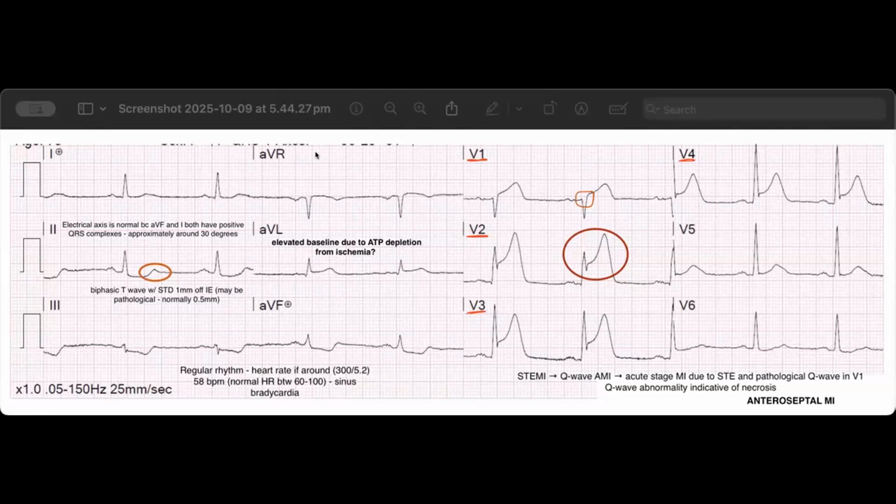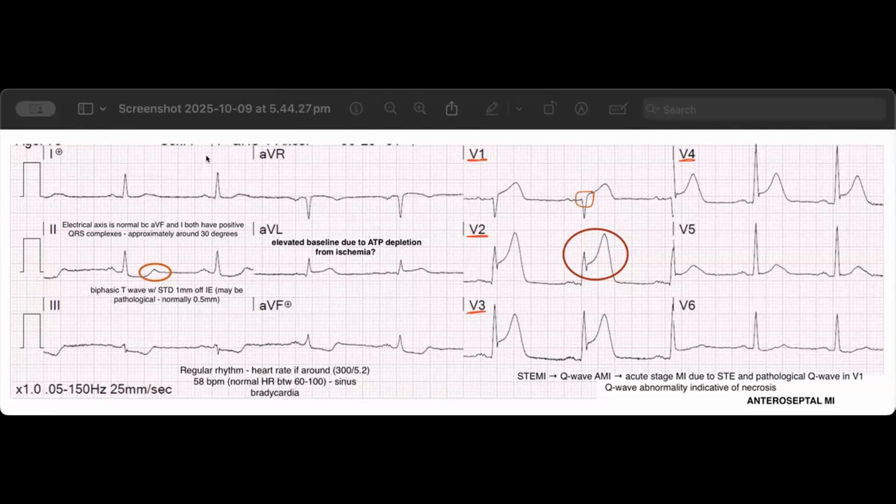All right, then right off the bat, we try to evaluate rhythmicity, and this trace looks rhythmic. If we try to calculate the heart rate, it's about 5.2 large squares between the RR interval in lead 2 and also in lead 1.